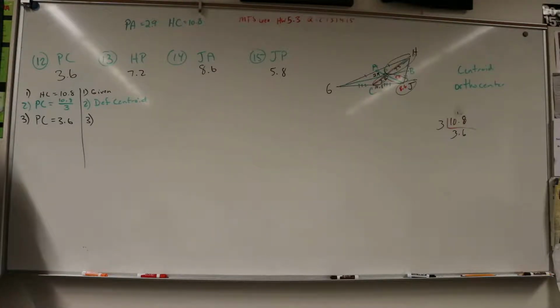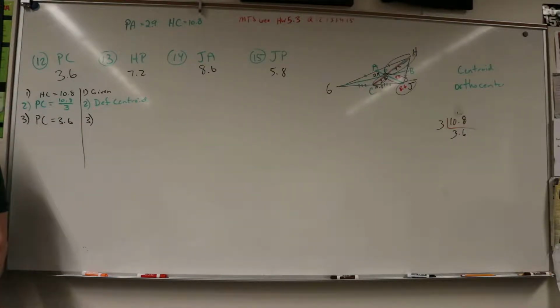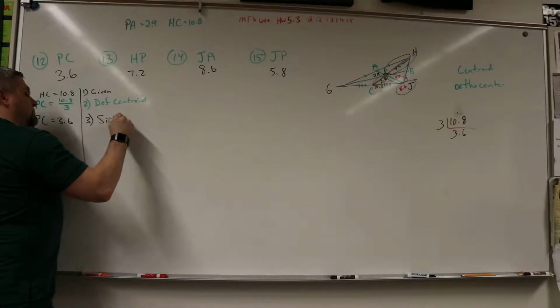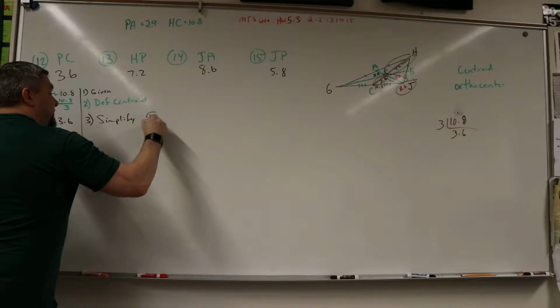Division? It's not the division property, because all we did was divide, right? So what's that called when all you do is divide? Simplify. You simplified. There's the word. Okay, so that's the answer for 12.